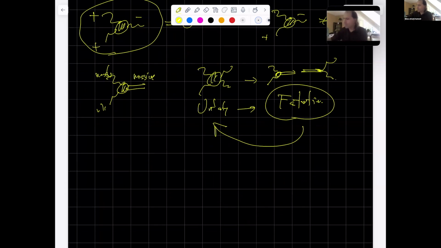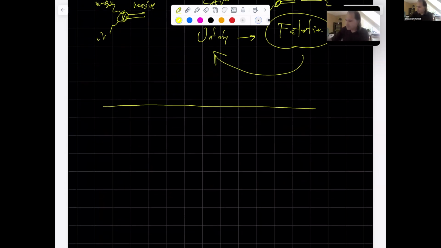All right. So that's a familiar story, but I just wanted to remind you already that it involves a generalization of our notion of kinematics.